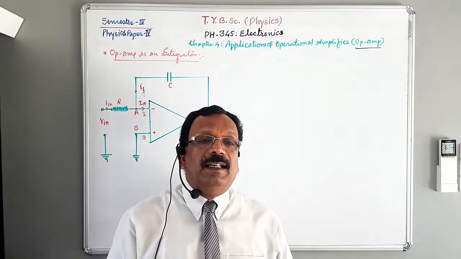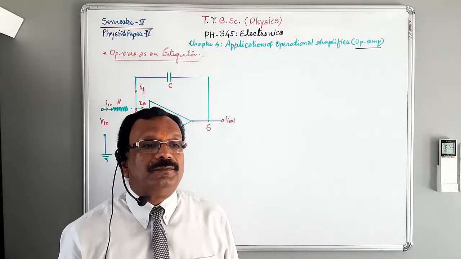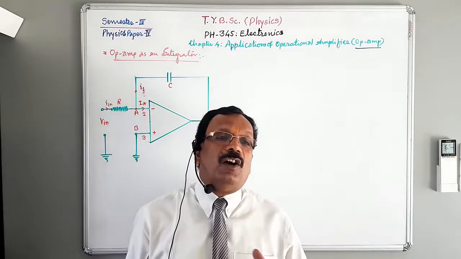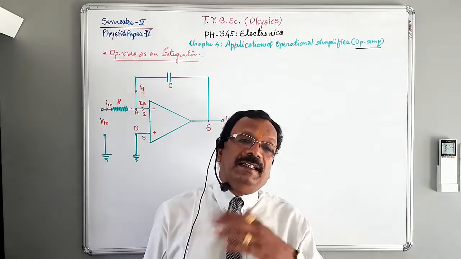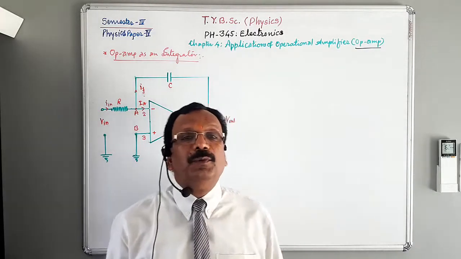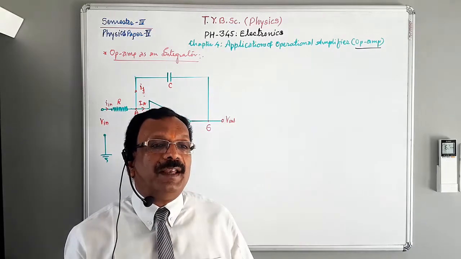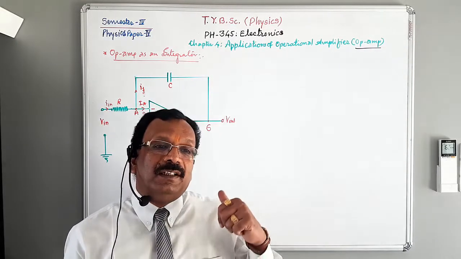What I say, an integrator is a circuit in which the output voltage waveform is an integral of the input voltage waveform. An op-amp can be used to perform this type of operation.